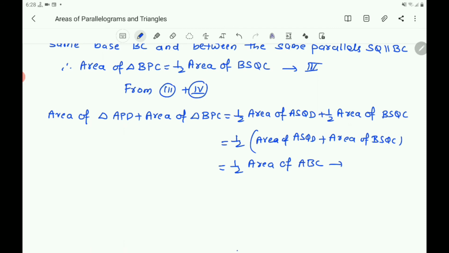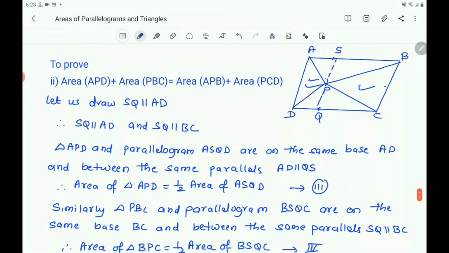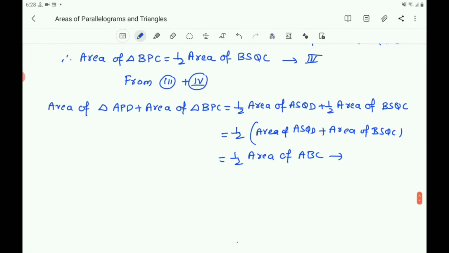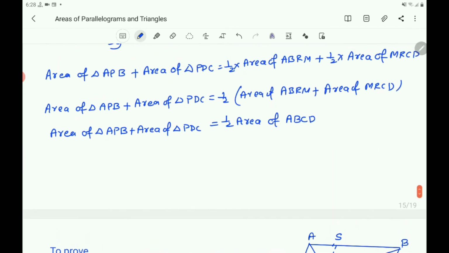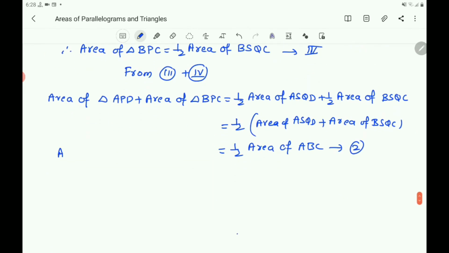Consider this the second, and this is the first one that you proved here. That is, area of triangle APD plus area of triangle BPC.